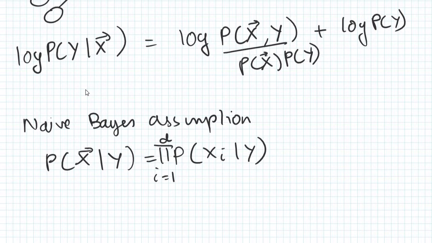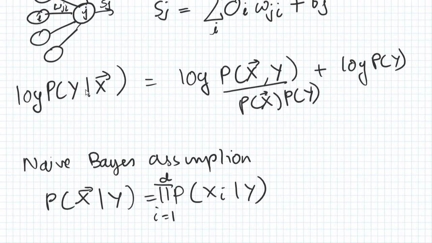So suppose x is a d-dimensional vector, then we can take the product of each probability p of x_i given y, multiplying all of them to get the probability distribution p of the vector x given y. This is the naive Bayes assumption. It is basically the conditional independence assumption.